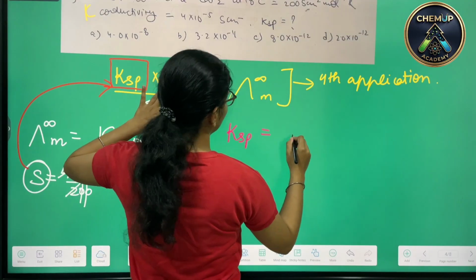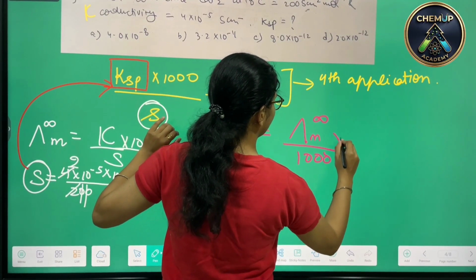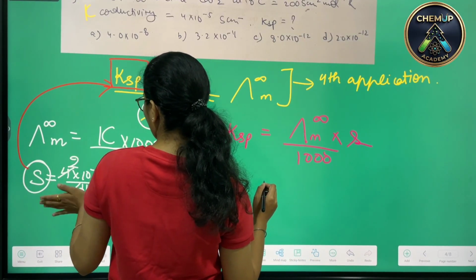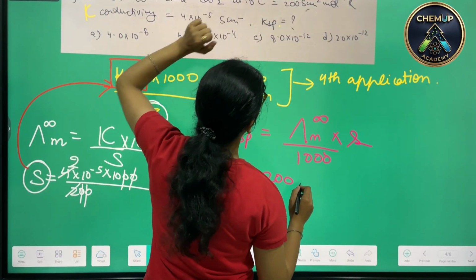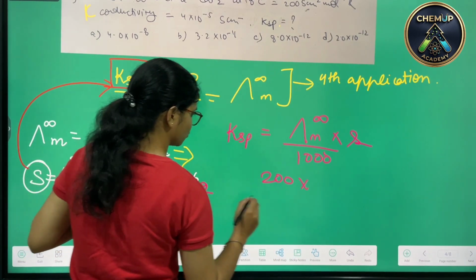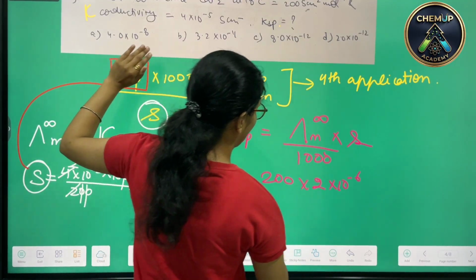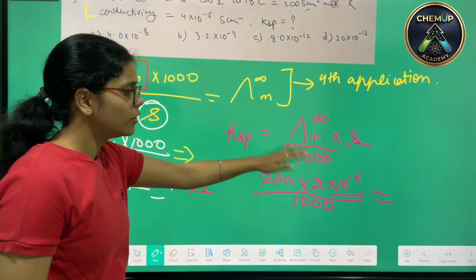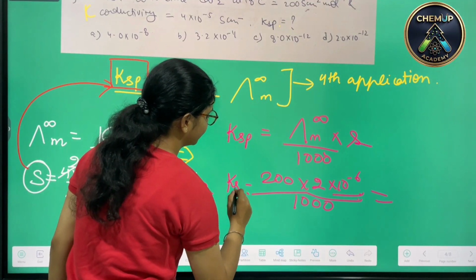KSP is equal to, upon 1000, into S. Here we have molar conductivity as 200 into S, the solubility, which is 2 into 10 to the power minus 6, upon 1000. On solving it, you will get your answer. Therefore, we have calculated our KSP.